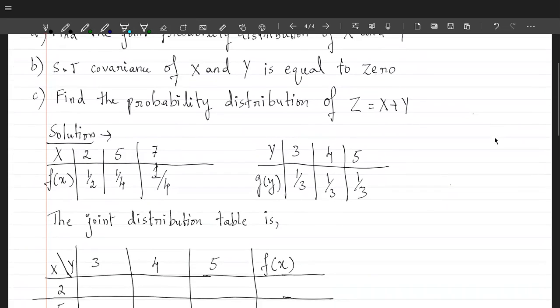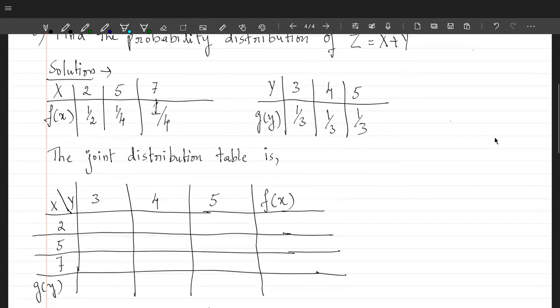So we can say that if you want to find the corresponding probability here when x is equal to 2 and y is equal to 3, what we do is we take this value when x is equal to 2 and we multiply it with the value when y takes the value 3. So the value here is 1 by 6.